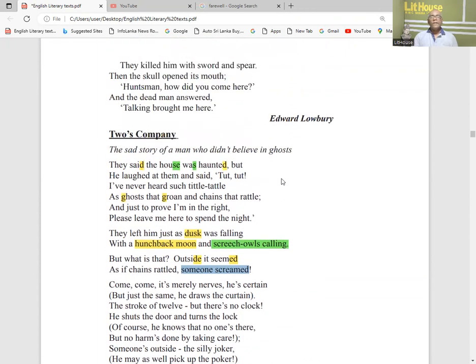Okay. Then assonance. Next sound device, assonance.